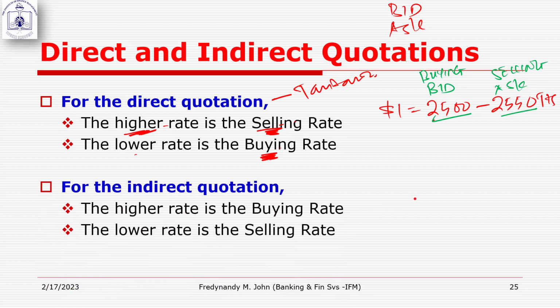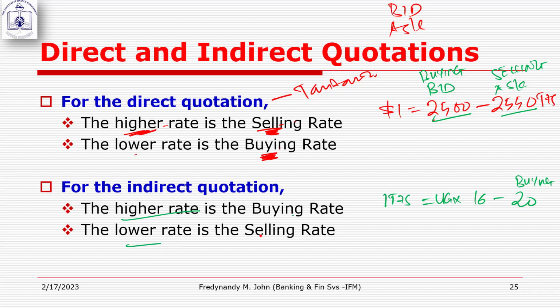For the indirect quotation, it is the opposite. Consider the following example. 1 Tanzanian shilling equals 1620 Ugandan shillings. The higher rate is the buying rate. Therefore, the buying rate is this one.